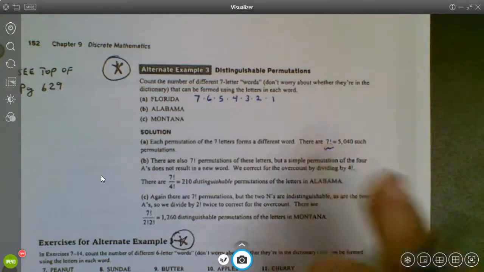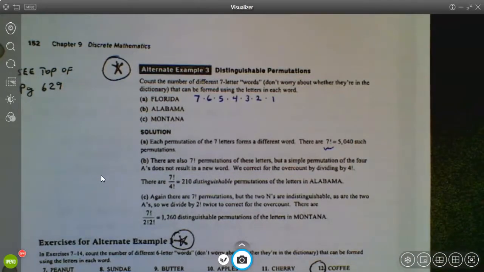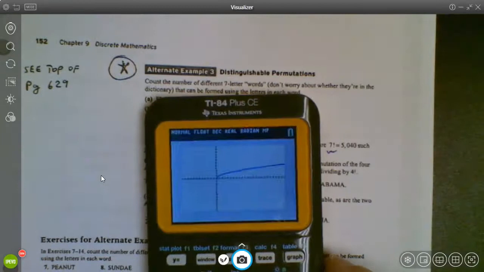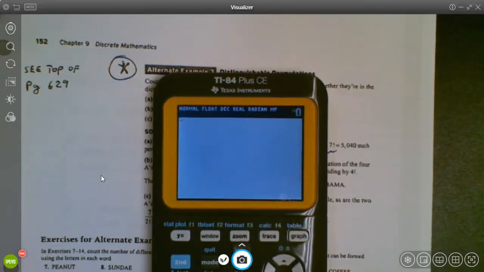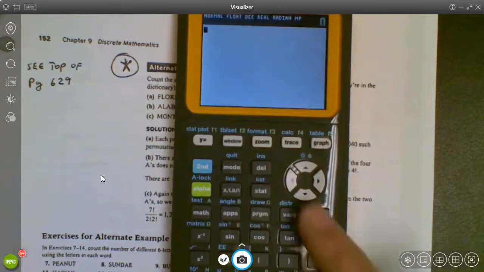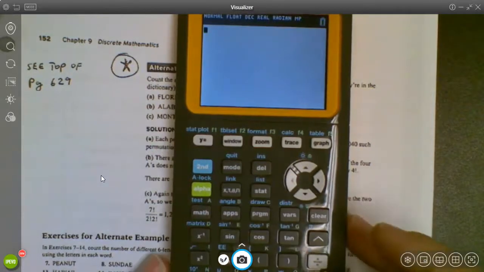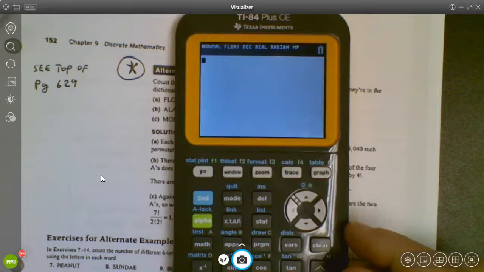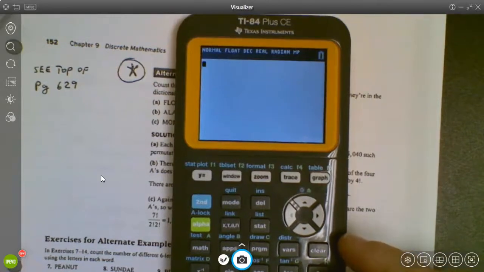And you should have a button for factorial on a calculator. On my calculator, some of them have it on the faceplate, which is really nice if you have those. But not all calculators do. Sometimes you have to go into a different area. And in this calculator, it's under the math button.